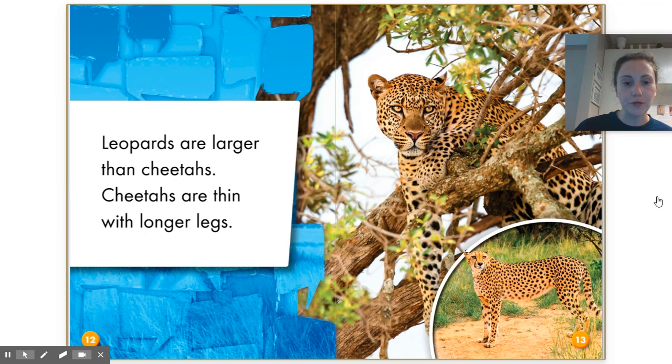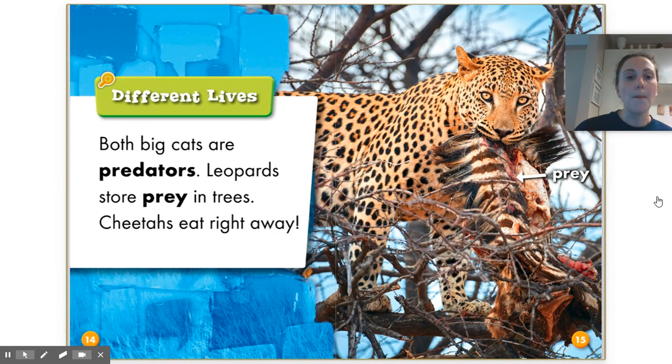Leopards are larger than cheetahs. Cheetahs are thin with longer legs. So their size is different. The leopard is the larger cat, and the cheetah is smaller but has longer legs. Both big cats are predators. Leopards store prey in trees. Cheetahs eat right away. So that means that this must be a leopard because the cheetah eats right away.